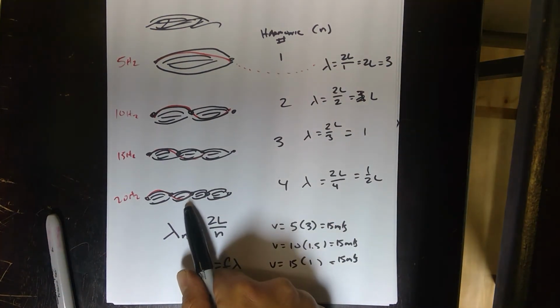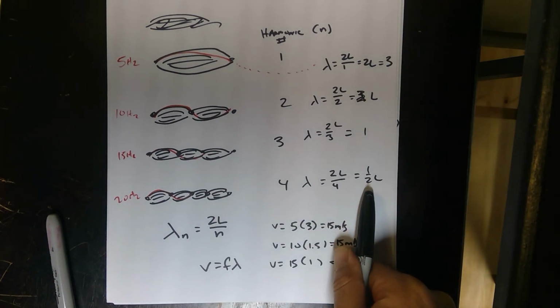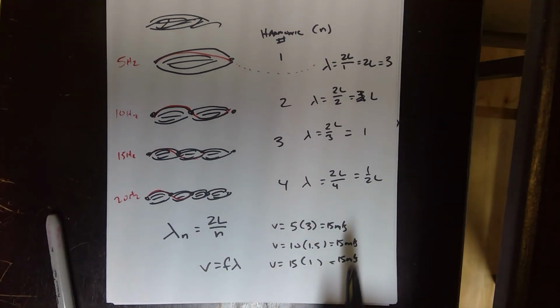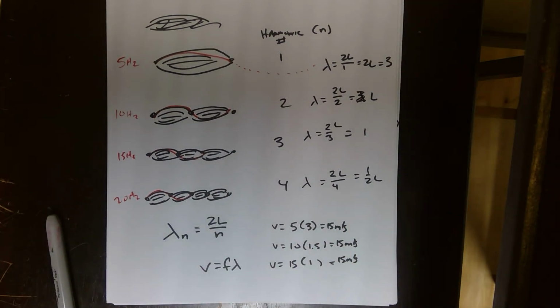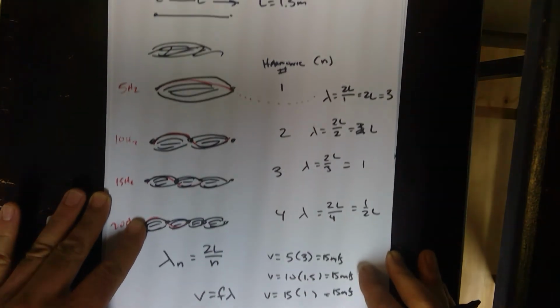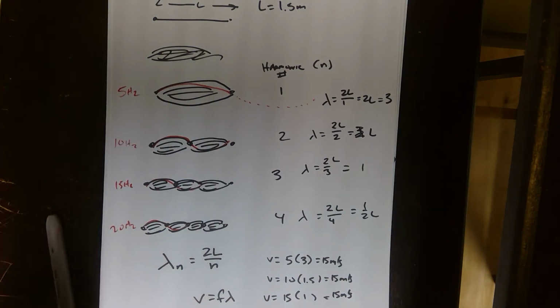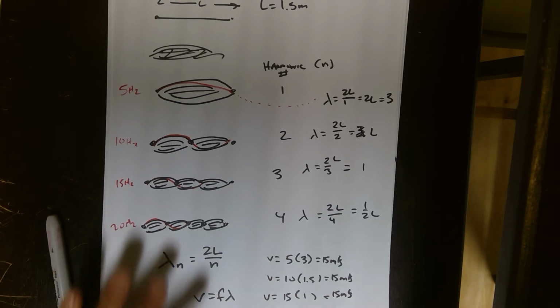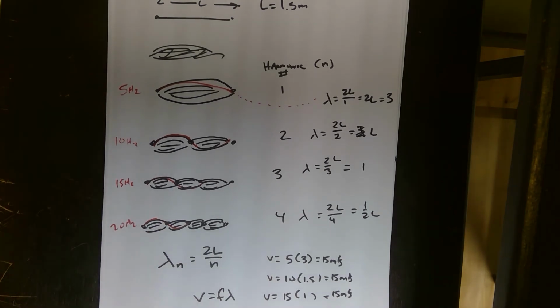If you do 20 times whatever this wavelength is, it would be 20 times 0.75 actually, and you're going to get 15 meters per second again. So the speed along the string is constant in all your setups as long as you don't change anything. If we're working with a different length of string, we might get a different wave speed. So it is possible, in fact, in your lab, you should get different wave speeds, as I ended up tweaking the experiments ever so slightly.